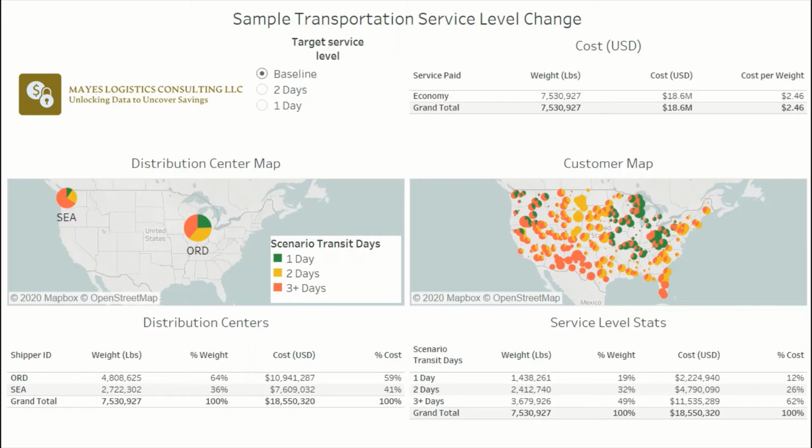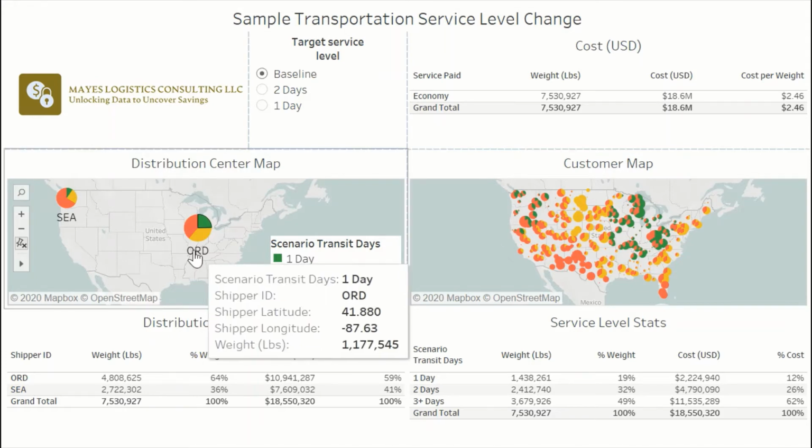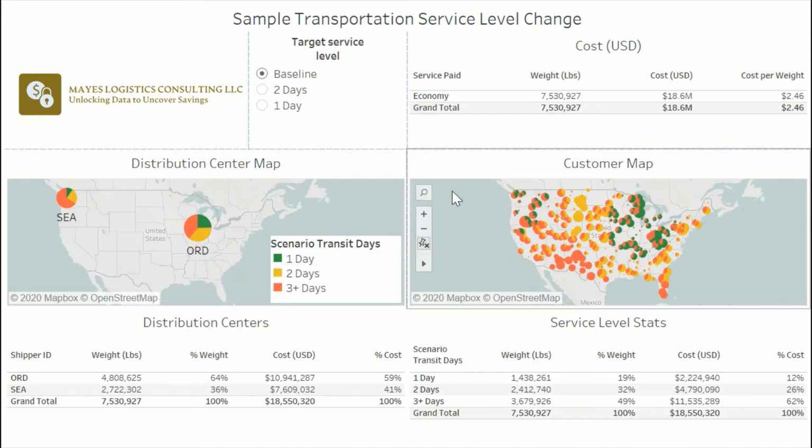If you take a look at this dashboard I made, this is an outbound transportation network in the US. So there are two distribution centers in this network, one in Seattle and one in Chicago. And you have customers spread across the continental US.